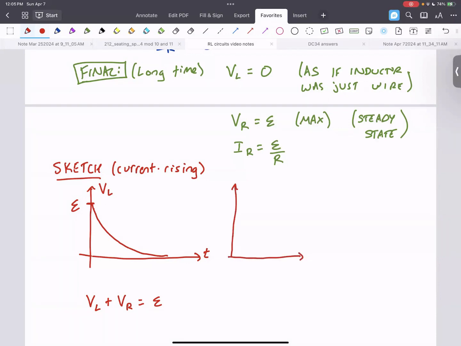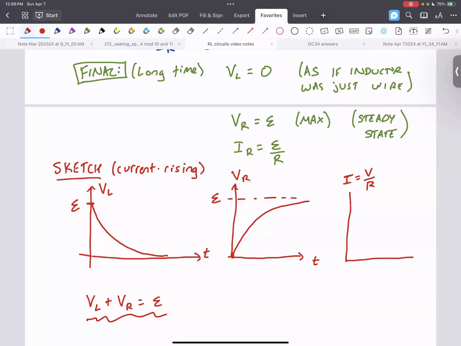And so if we go ahead and look at the voltage across the resistor as a function of time, it initially loses, but it is eventually going to win. And then it's going to come back up to that maximum value. And at any given time, they're going to add to that total. Now, remember that the current, from I equals VR over R, is just equal to V over R. And so the current as a function of time is also going to rise.